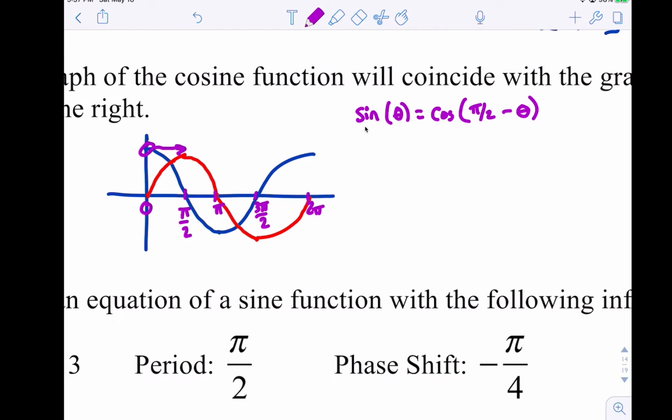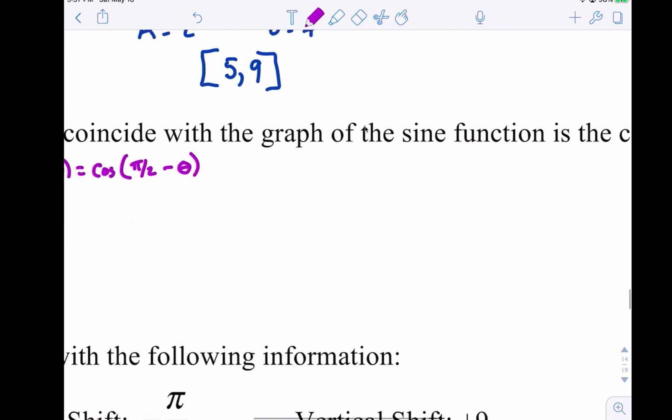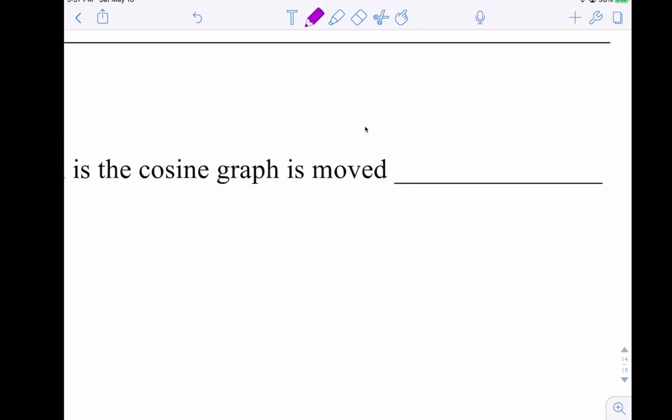We didn't really talk about them, and that's all right, as long as you guys know what the graph looks like. But that's also where the pi over 2 comes from. It comes from those cofunction identities. So it's just a shift pi over 2 to the right.